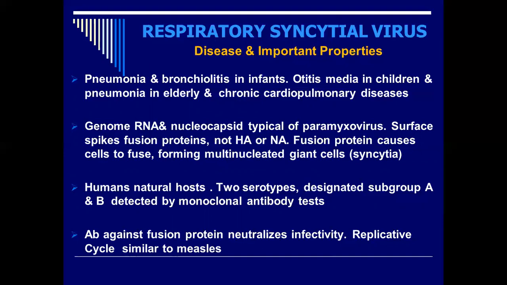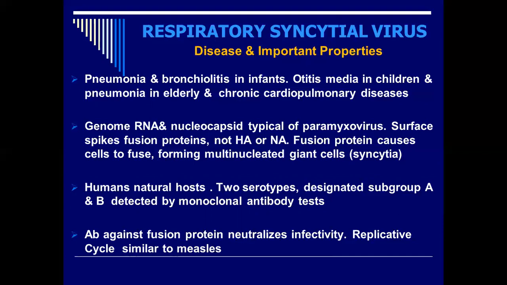The fusion proteins cause cells to fuse and form multinucleated giant cells, and these are known as syncytia. This is the name given to designate the respiratory syncytial virus, because of the larger size of the cell that we can see because of the fusion of cells by the fusion proteins.